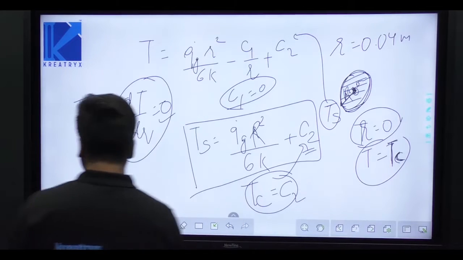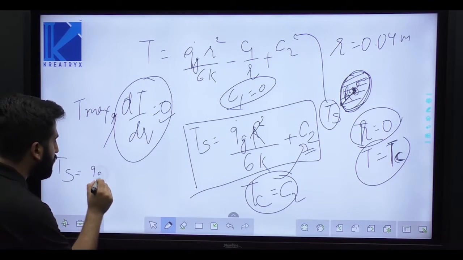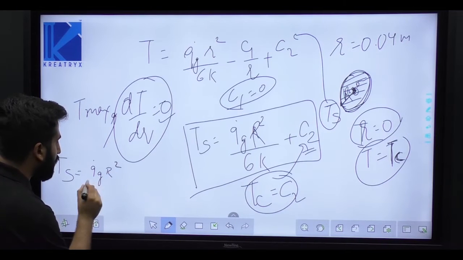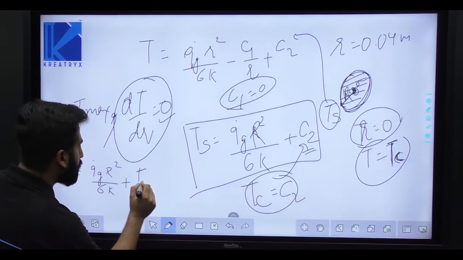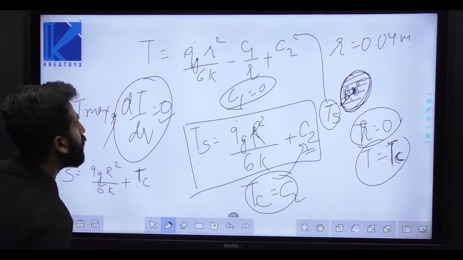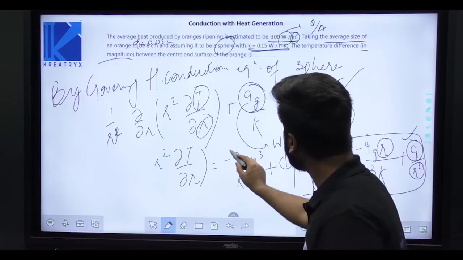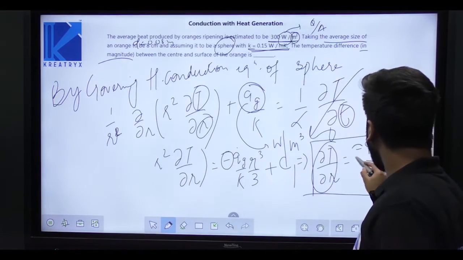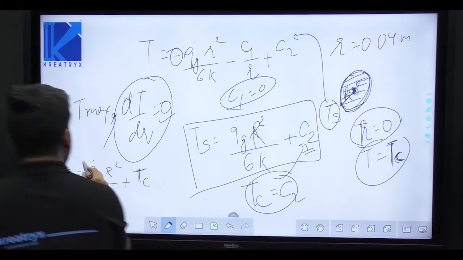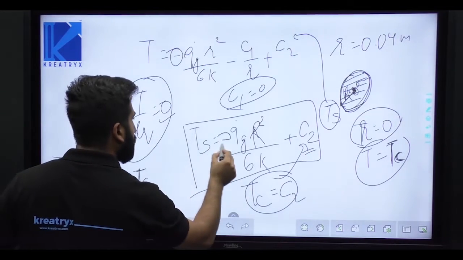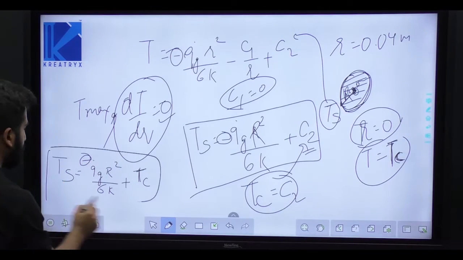You will get Ts is equal to minus Q dot G R square by 6K plus Tc. There is one mistake. This is a minus sign. When I changed the page, I didn't carry over the minus sign. Yes, this is the equation.